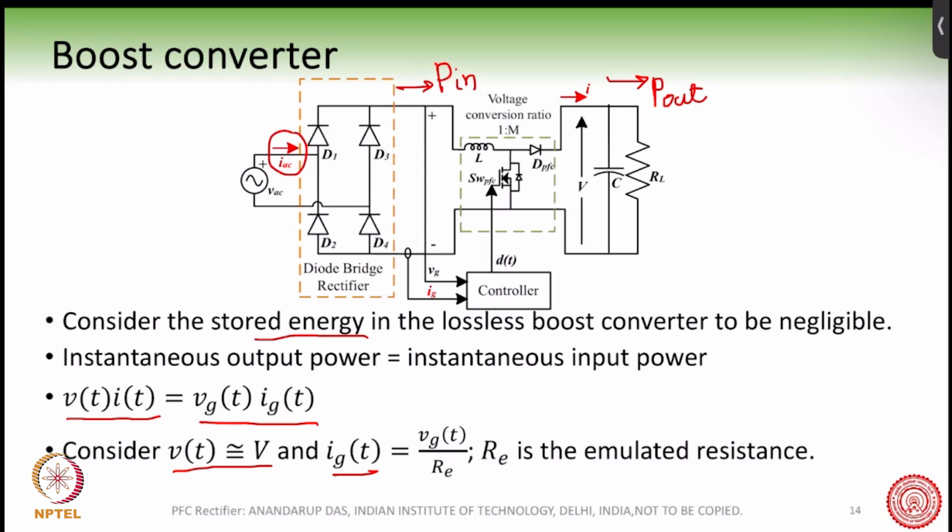Which means that IGT, as we have seen in the waveforms before, is an exact replica of the rectified voltage divided by the emulated resistance, and emulated resistance is the resistance seen from this terminal. So RE is the emulated resistance. IGT is VGT by RE, right?